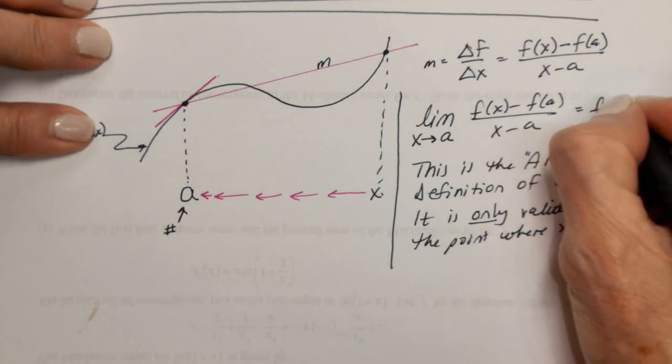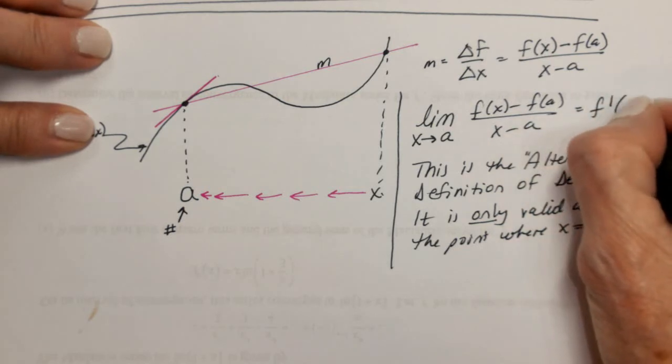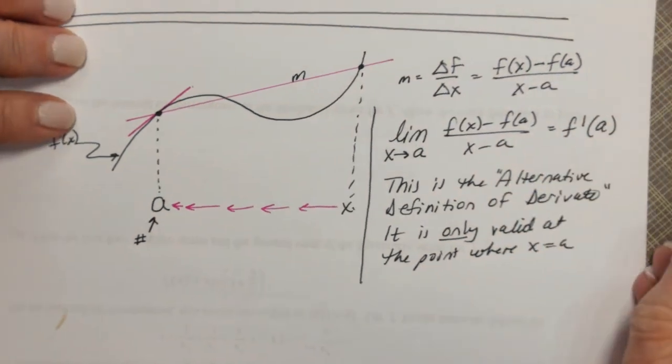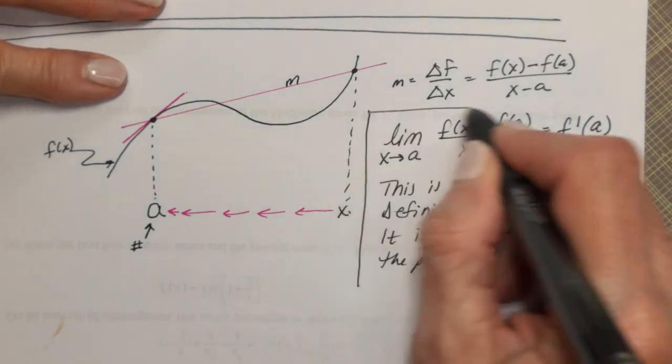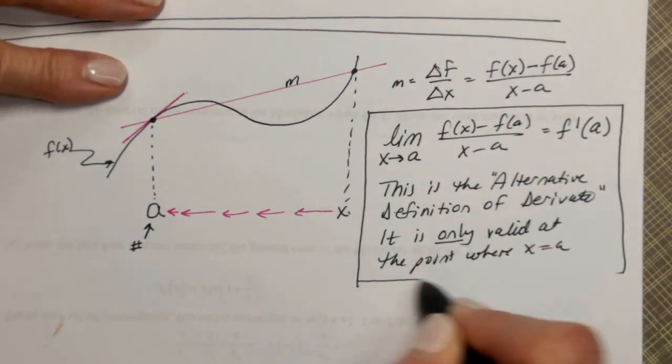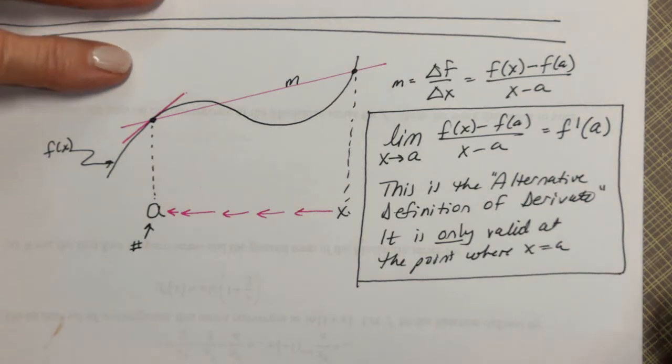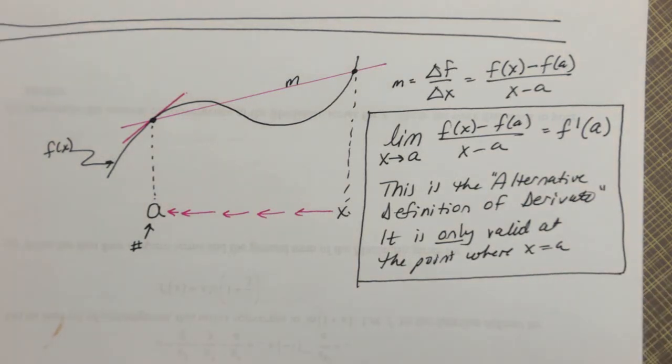This would be f prime at a, not f prime of x, f prime of a. It's only good right at a number for x. Okay, let us do an example of that.